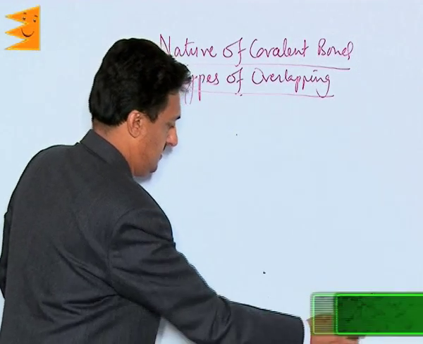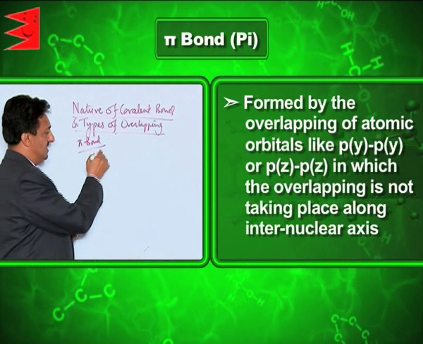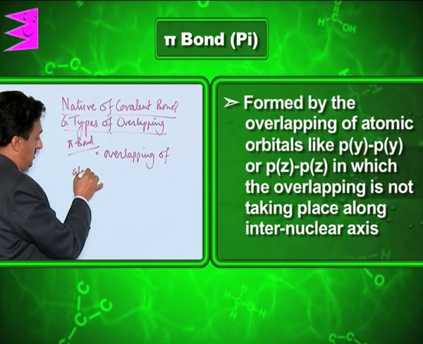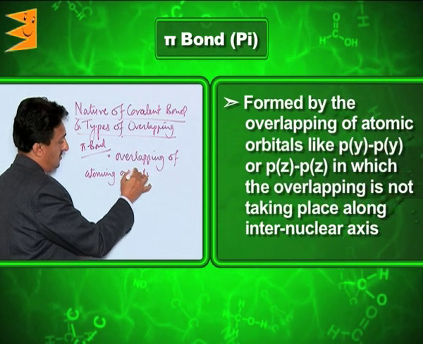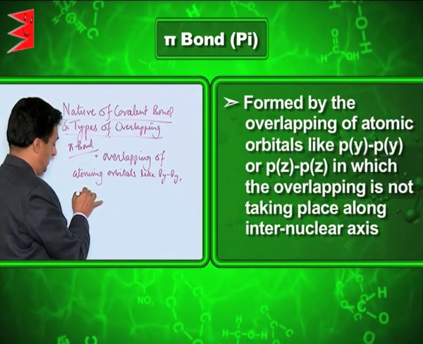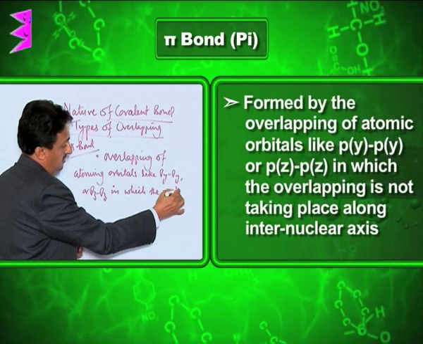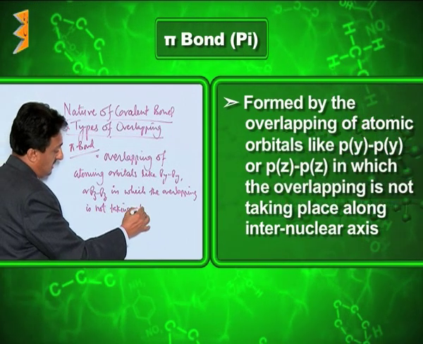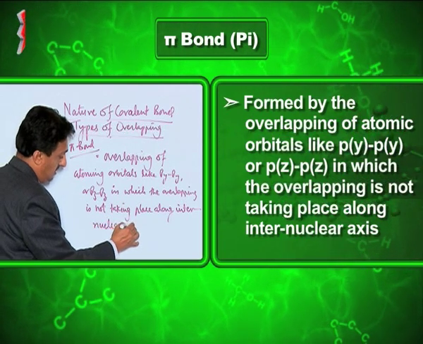Now, pi bond is the bond which is formed by the overlapping of atomic orbitals like py-py or pz-pz, in which the overlapping is not taking place along the internuclear axis.